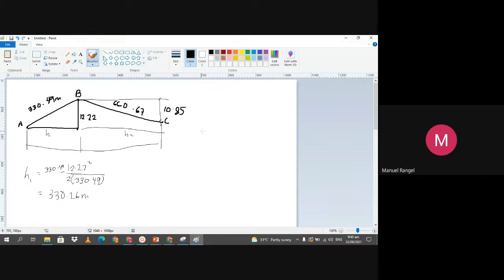Then for H2, from point B to C, it is the same formula.